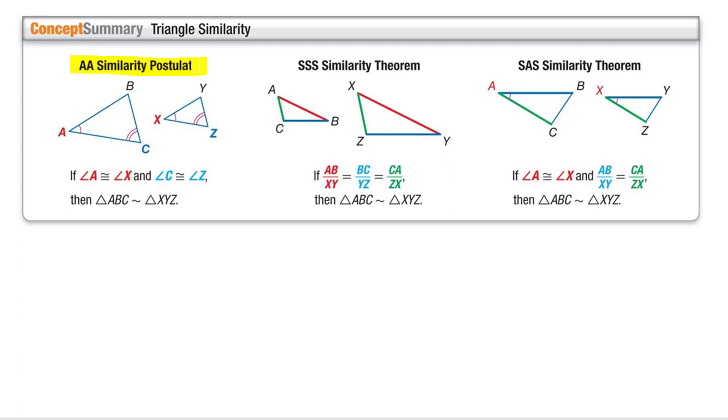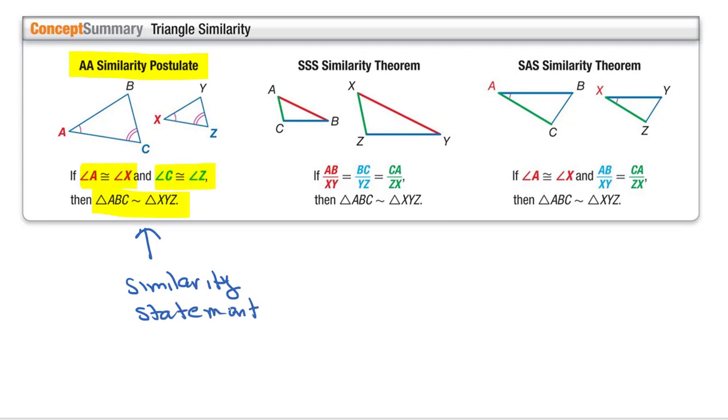If you have two angles congruent in two triangles, then your triangles are similar. And that is what we call a similarity statement. That's an E there. So if you have two angles congruent, then you could say the triangles are similar.